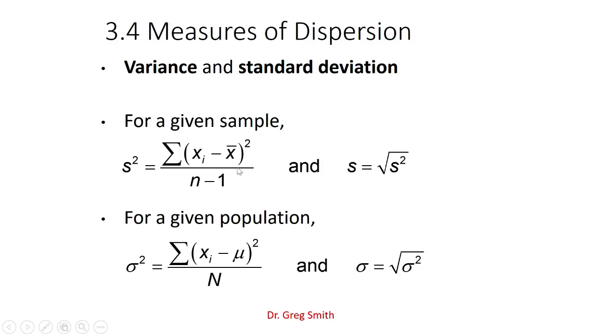For the sample, it's the sum of the squared deviations from the mean on average, but we're reducing the divisor by 1 here. What that does is give us a wider spectrum. If you take something and divide by 10, you get a ratio. If you divide 90 by 10, you get a value of 9, but if you divide 90 by 9, you get a value of 10.